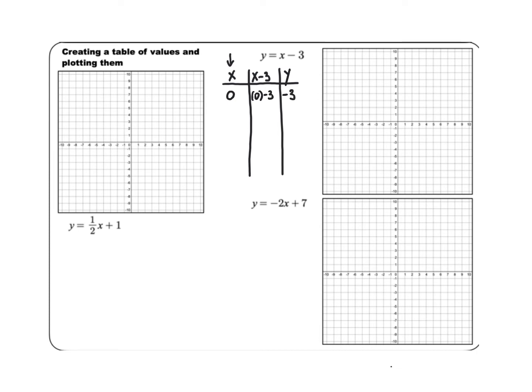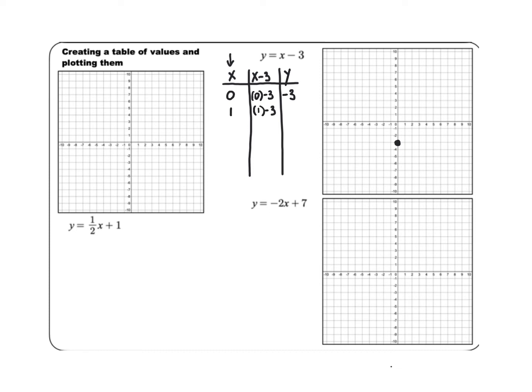That's like plotting the point 0, negative 3 that we looked at in the previous video. So we would go right here, 0, negative 3, and that'd be my first point. We just want to continue that with a healthy amount of points, and when I say healthy, let's do 5 here.